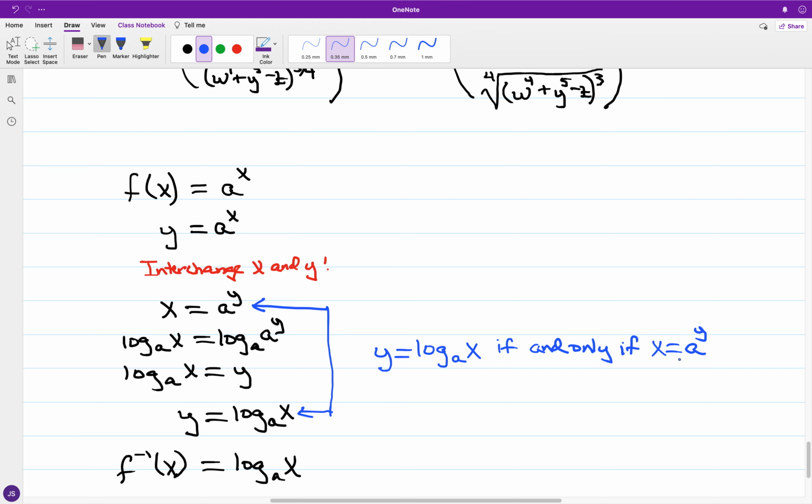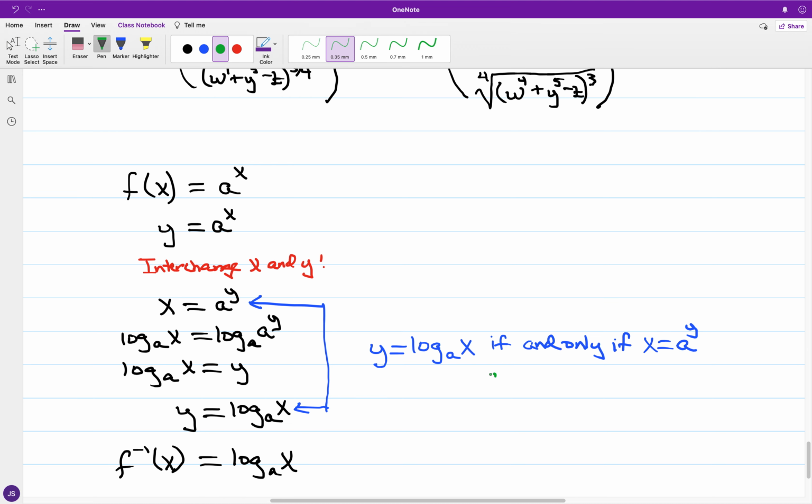Now you still have the a's in both capacities, as the logarithmic as well as the exponential base. Again, a is any positive value except for 1.